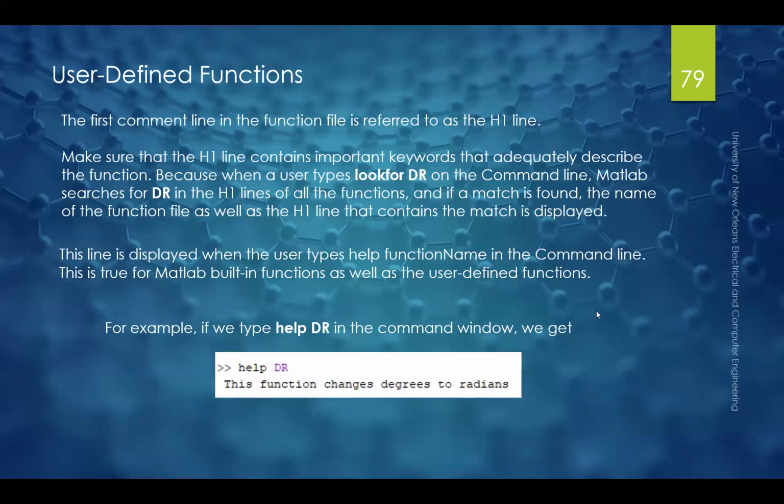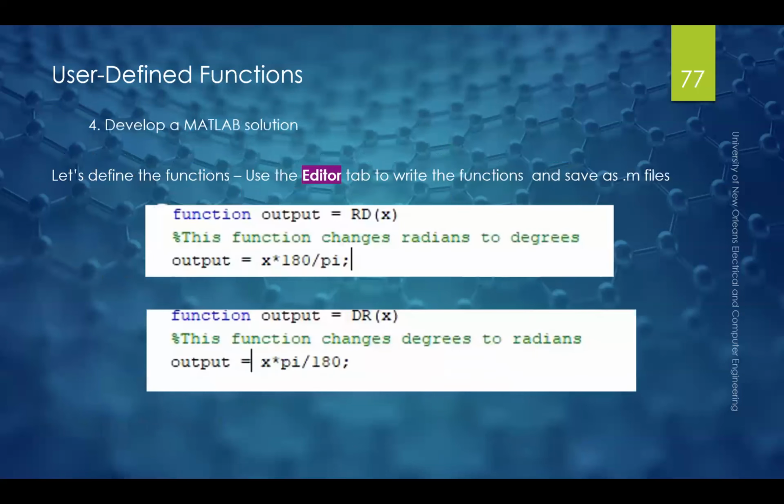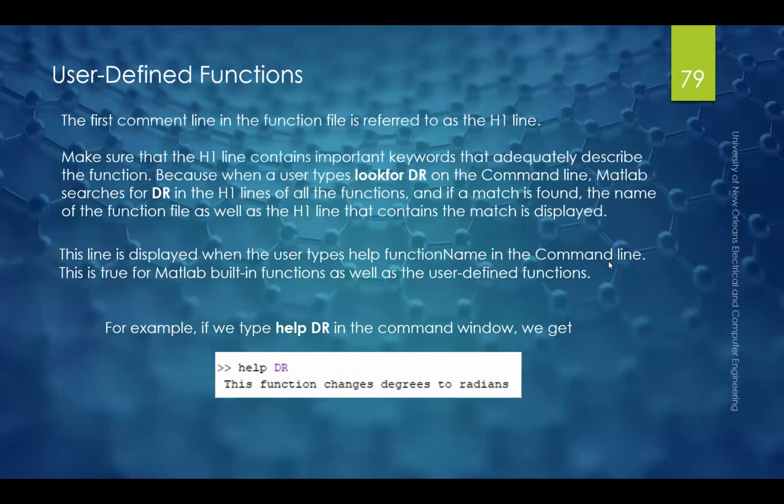Okay, so an important thing that I said before, be careful with the first comment that you have in the function. The first comment line in the function file is referred to as the h1 line, okay? That h1 line, just make sure that the line has important keywords that will describe that function as accurately as possible.